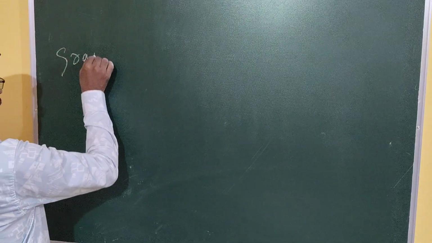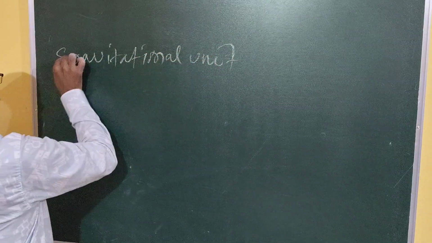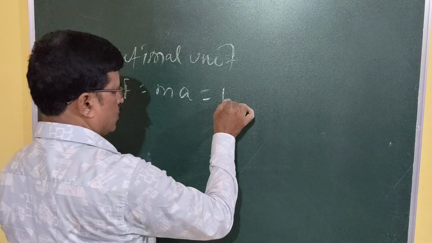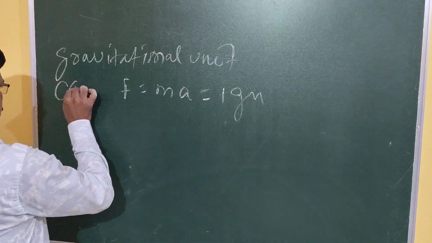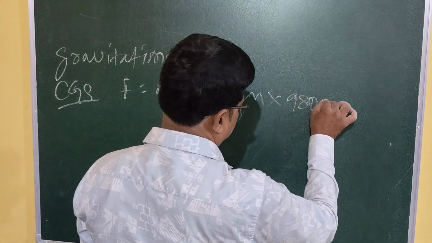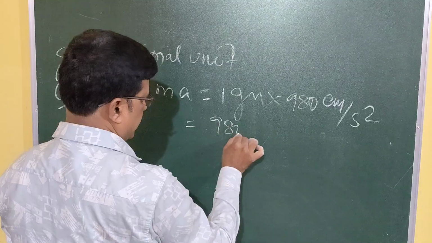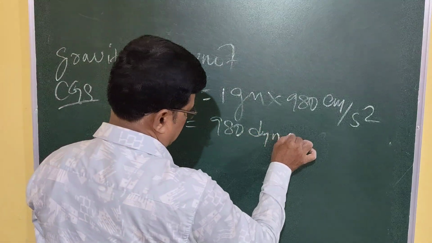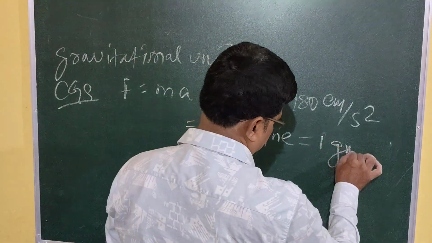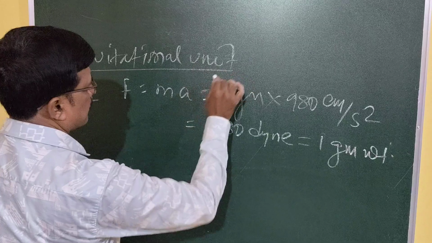In gravitational unit, F is equal to MA, where M is equal to 1 gram in the CGS system. 1 gram into acceleration, that is 980 centimeter per second square, which is equal to 980 dyne, or it can be written as 1 gram weight, in CGS gravitational unit.